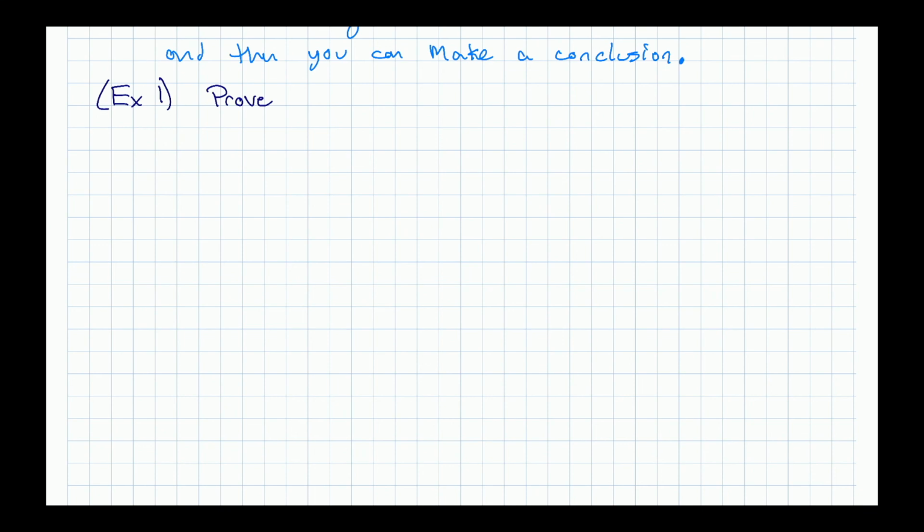Okay. So what are we going to prove? We're going to prove this: that 1 plus 2 plus 3 plus up to n is equal to n times n plus 1 over 2 for all n equals 1, 2, 3, 4, and so on.